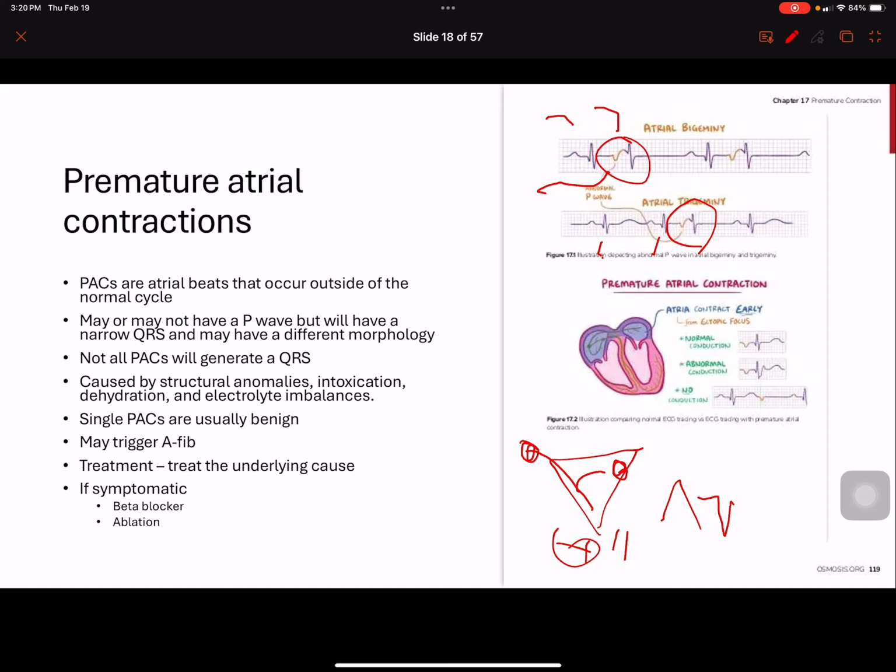As the atria stretches, it gets irritable, and that can create pacemaker cells to start firing off in different parts of the atria, or muscle cells to just depolarize and stimulate the cells next to them. So we get some abnormal stimulus.